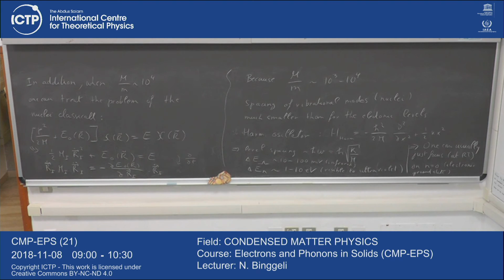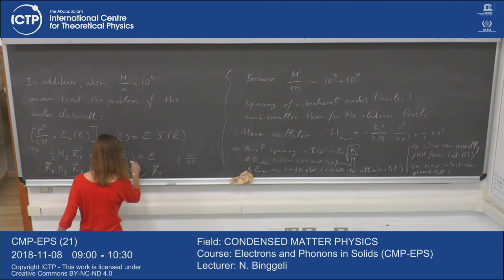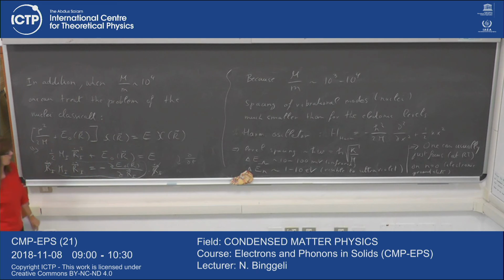So in this case, one has this equation deriving with respect to time, and considering the magnitude of the velocity is not vanishing, one can simplify. And this is the equation of motion that one obtains then for the movement of the nuclei.